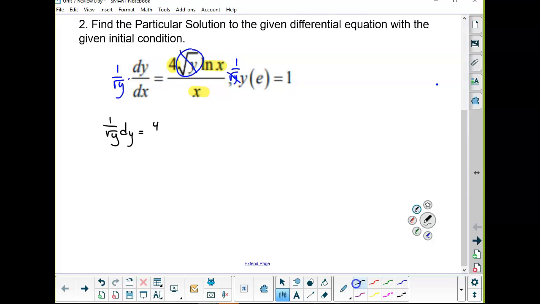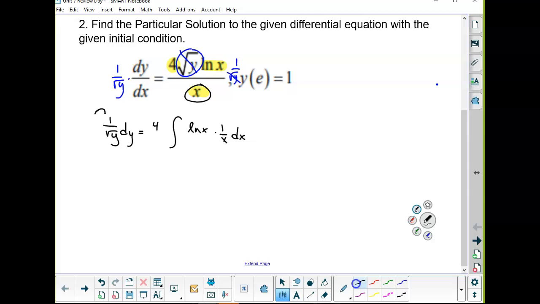Now notice that 4 is a constant. I'm going to pull it out right away. And actually, this divide by x here, I'm going to write it this way. So notice that x on the bottom is just a 1 over x. And the reason why I do that is this right-hand side might scream, there's a u substitution here that we can do to make our life a little easier.